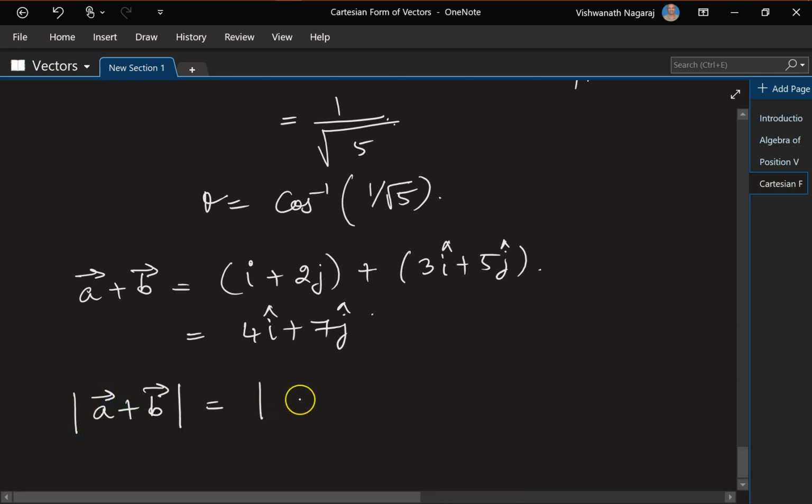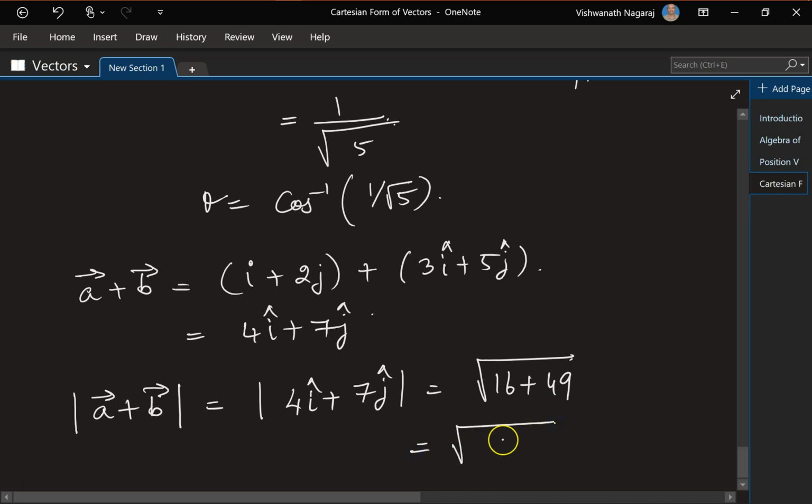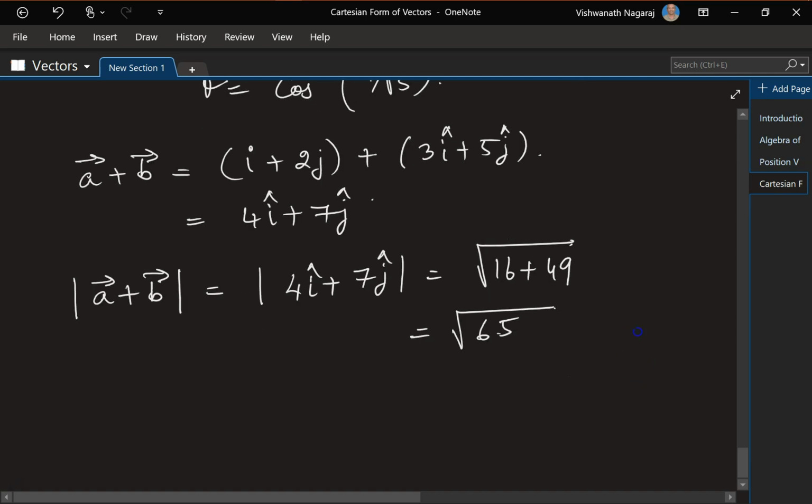This would be the magnitude of 4i plus 7j, which is equal to square root of 16 plus 49, which is square root of 65.